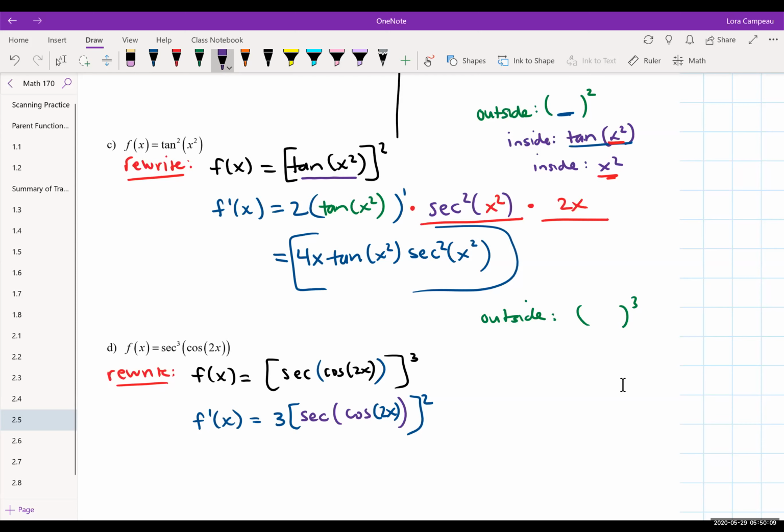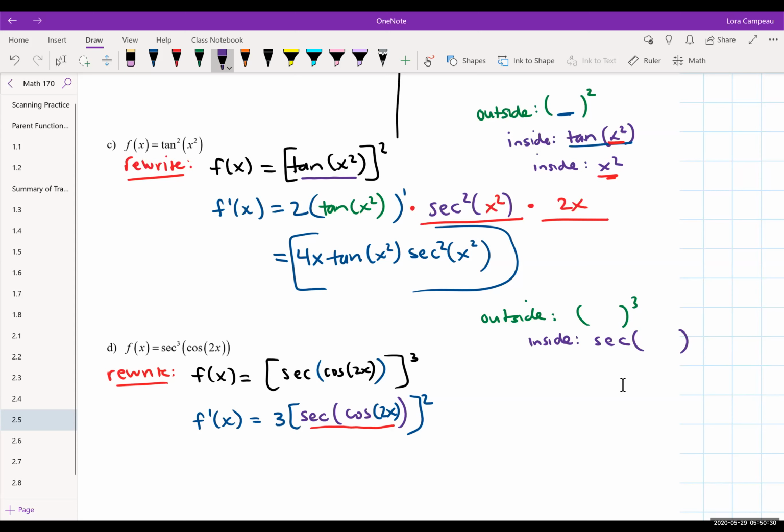Now, if we take this portion right here, we're referring to the inside of this part. If you say it's secant of something, then we have to think about, okay, what's the derivative of secant?